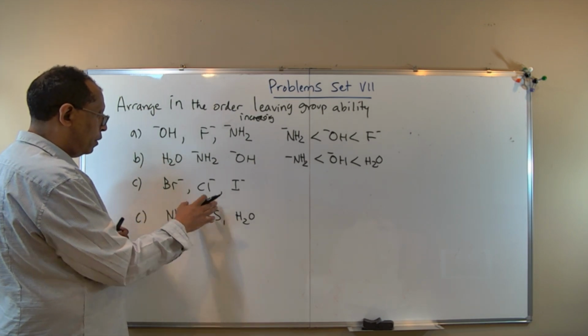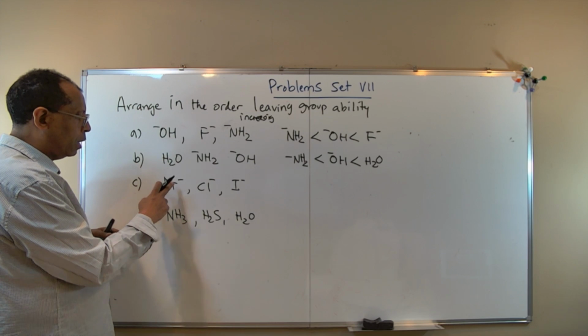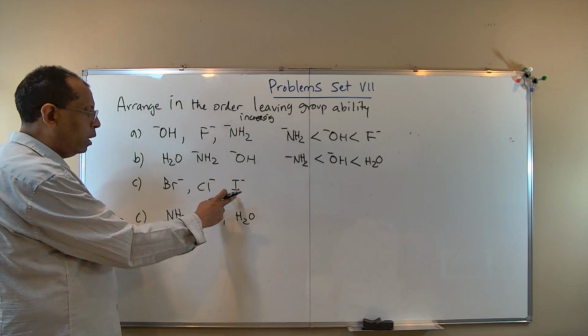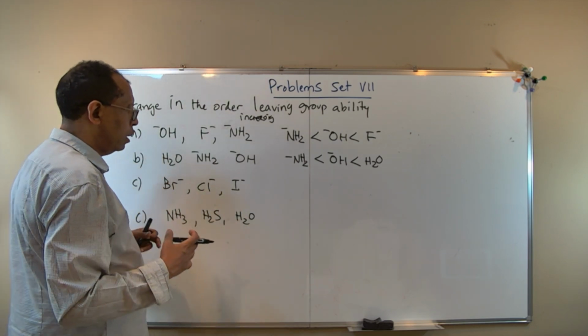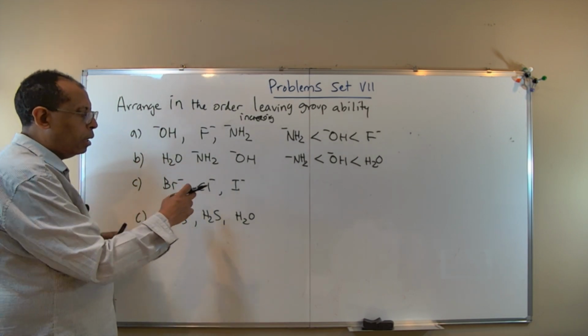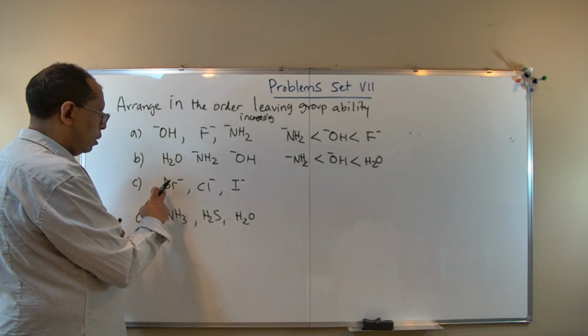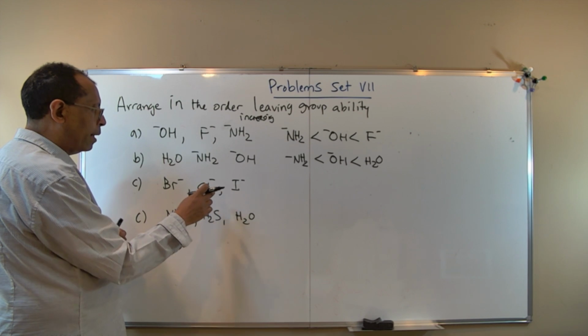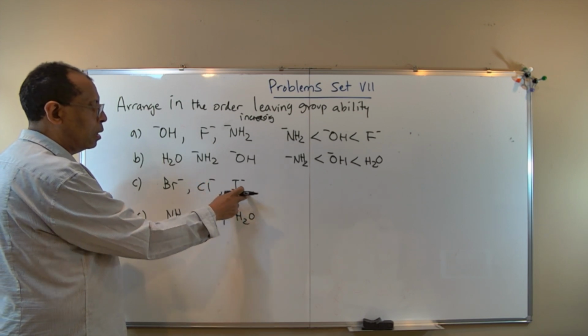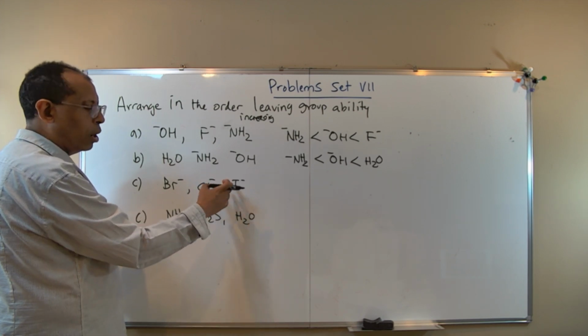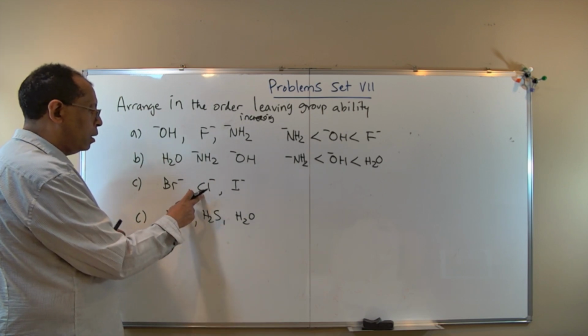In terms of here, you have bromide, chloride, and iodide. So as a leaving group, if you just consider the acid form of this, the strongest acid is HI.